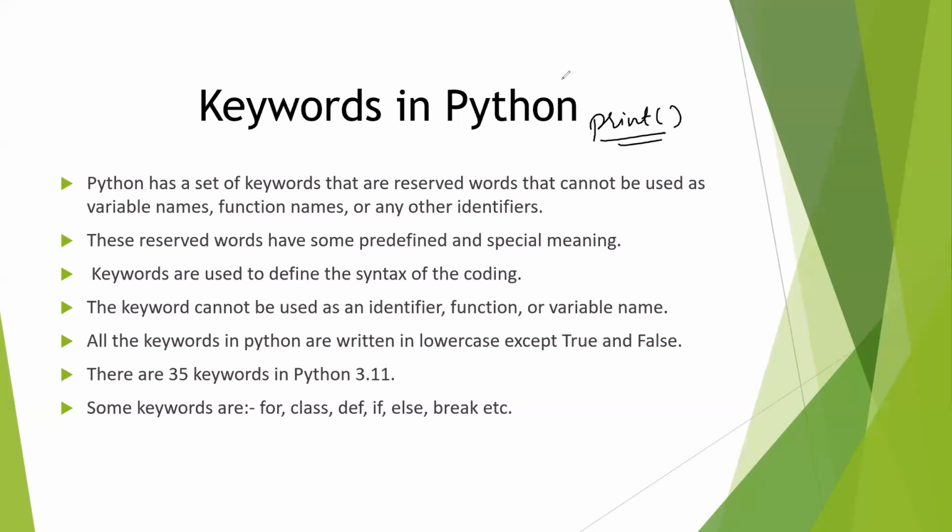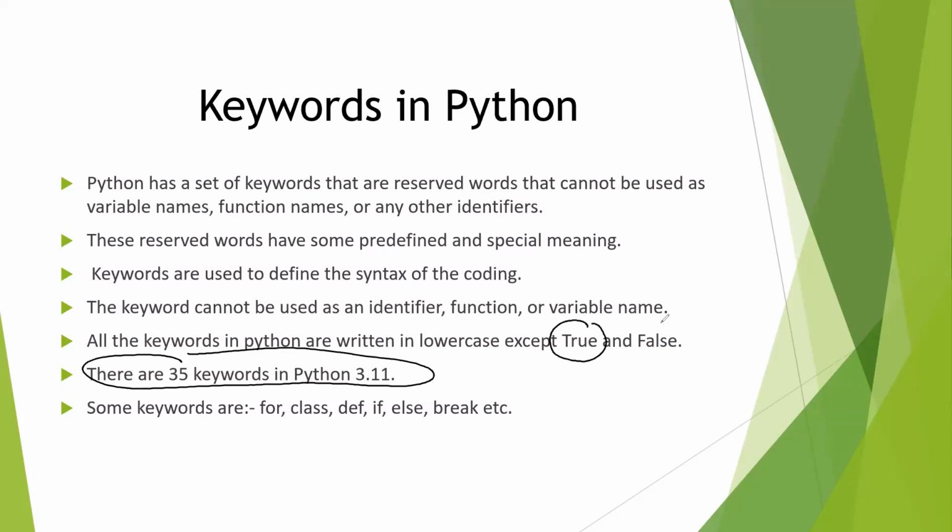So there are 35 keywords in Python 3.11. And you have Boolean literals known as True and False. All keywords are written in lowercase except for True and False. So this true is not equal to this True, because again, Python is case sensitive. This one is the Boolean literal.